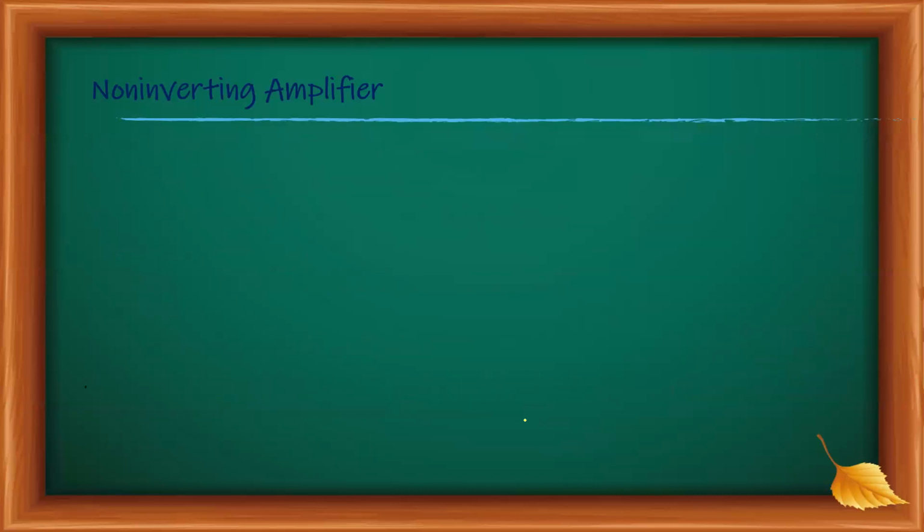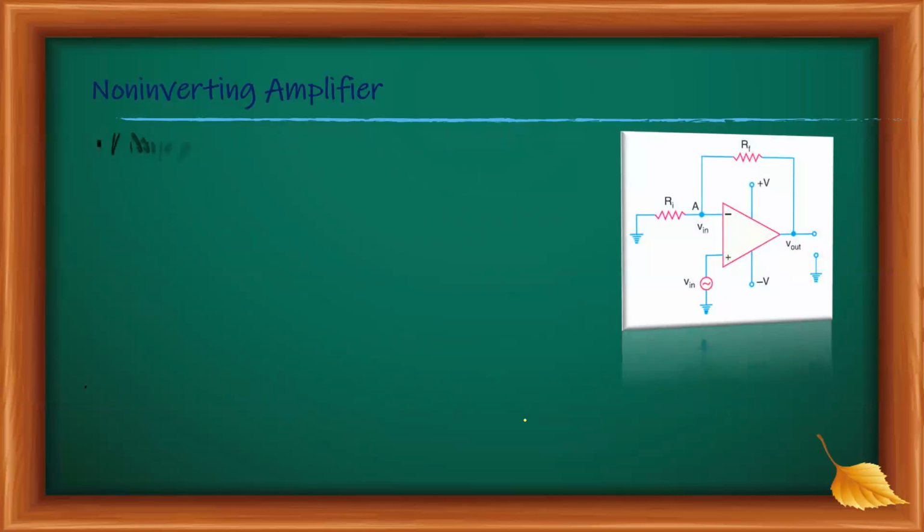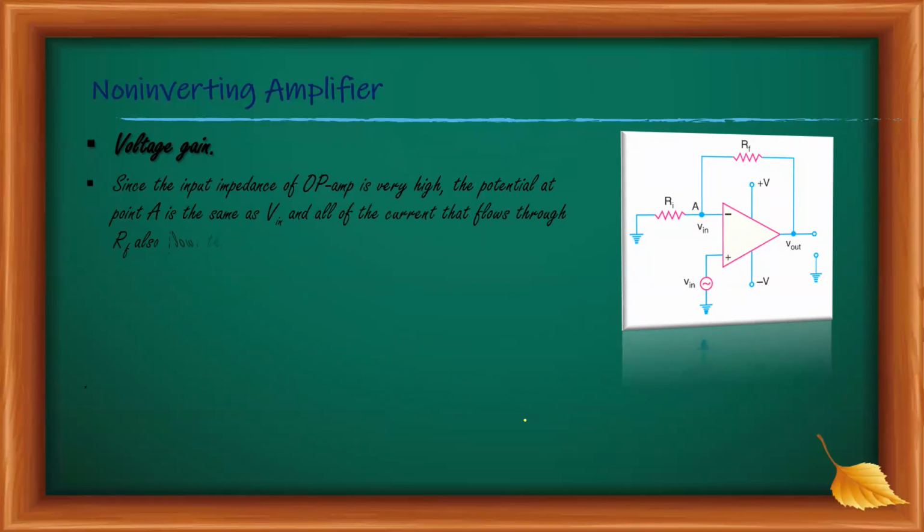Now we are going to analyze the voltage gain of this amplifier. Since the input impedance of the op amp is very high, the potential at point A is the same as V. We know that the input impedance of the op amp is very high.